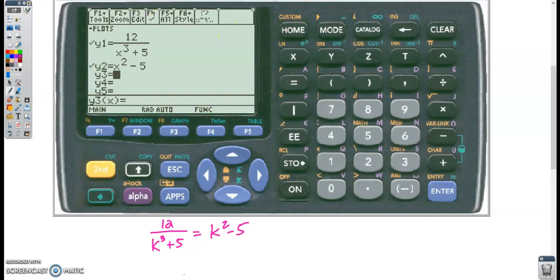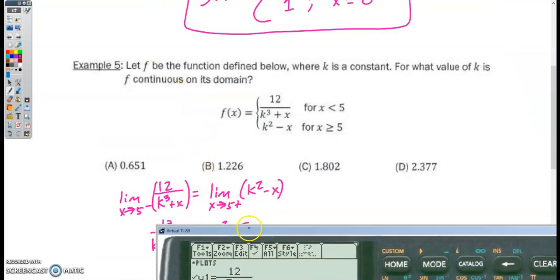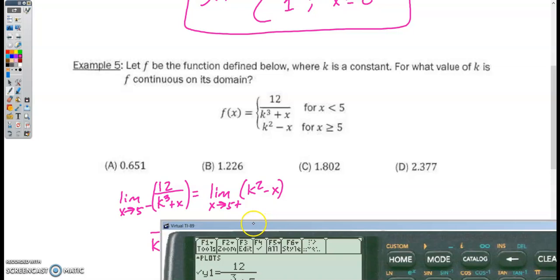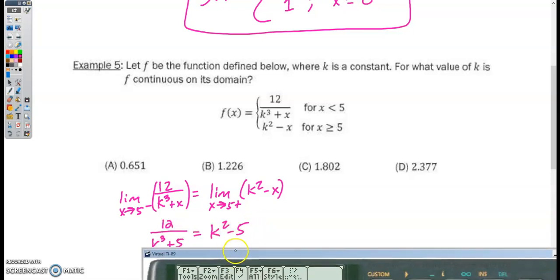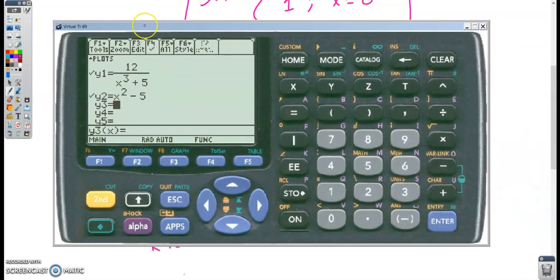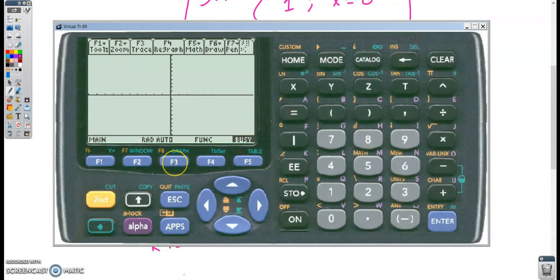And wherever these two graphs intersect should be the value of k that makes this continuous on its domain, because it's going to make these two pieces equal to one another at that value. And so let's see what happens here.